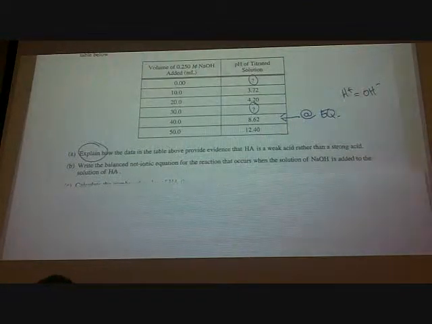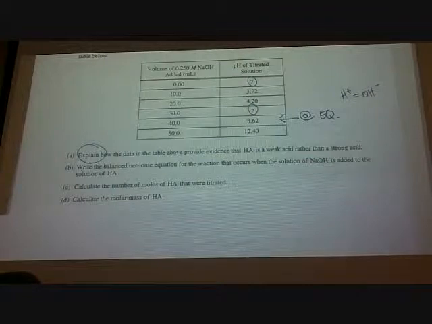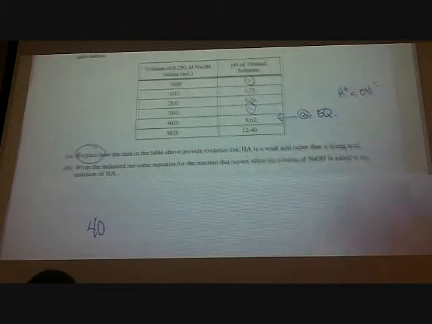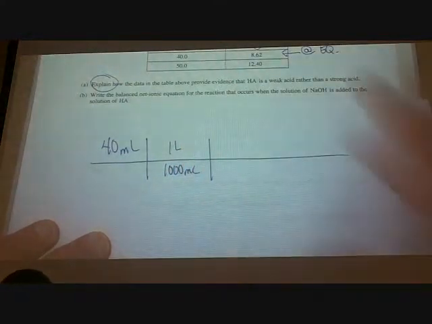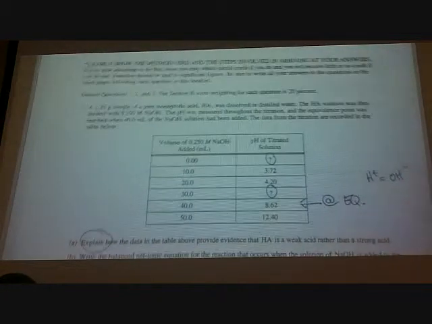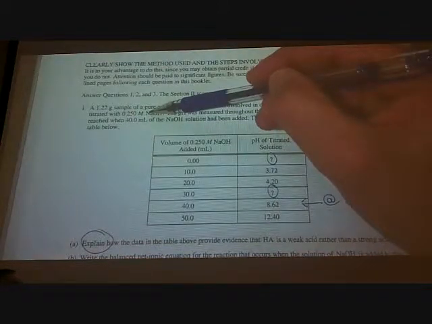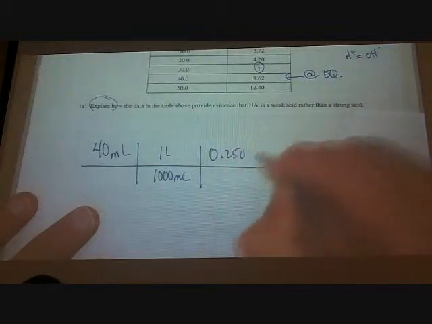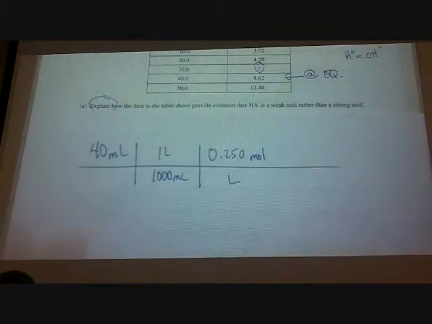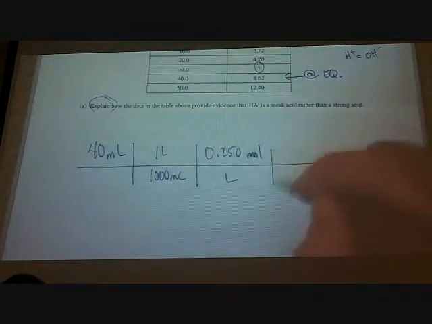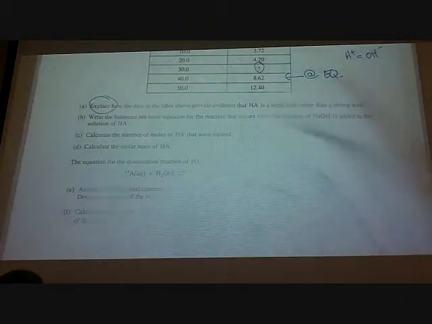So at the equivalence point, if you know your volume and molarity, what do you start with? Volume, okay? So we've got our 40 milliliters, you can see that. 40 milliliters of your OH, and again, if you need to show this stuff, that's cool. And what was the molarity of our base here? 0.25, right? So 0.25 moles for every liter. And then, what was our ratio from our balanced equation?